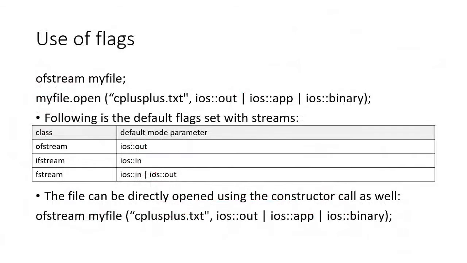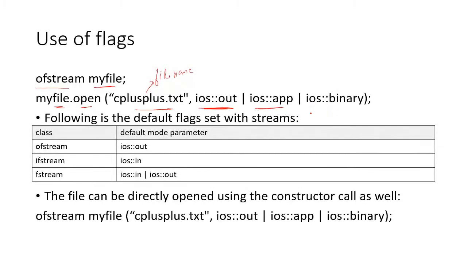In fact, the combinations can be utilized like this. ofstream myfile is an object, dot open, the name of the file. That is the file name we are talking about, and then we are saying that I want output to that particular file, and I want to append to that file.